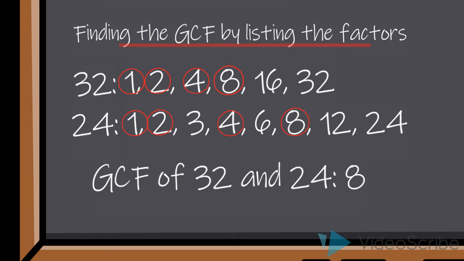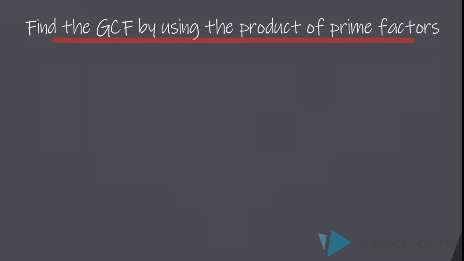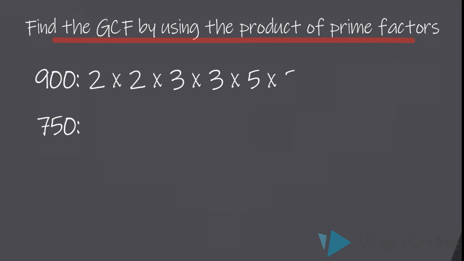Another method we can use to find the greatest common factor is using our product of prime factors. This can be useful when comparing two larger numbers. Let's compare the numbers 900 and 750. 900 can be rewritten using product of prime factors as 2 times 2 times 3 times 3 times 5 times 5, or 2 to the power of 2 times 3 to the power of 2 times 5 to the power of 2.